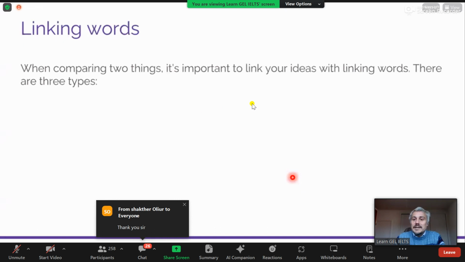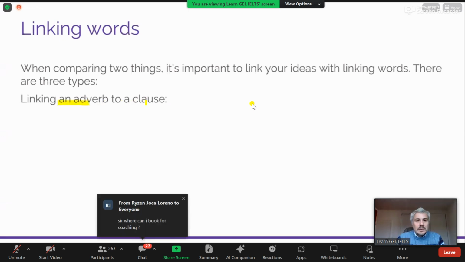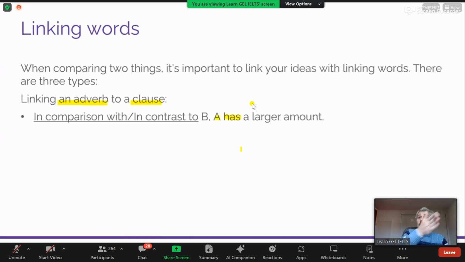Okay, we also need to make comparisons by using linking words in our writing. There are three important types of comparison. We can link adverbs to clauses. Here is an example. A clause is part of a sentence that has a subject and a verb. For example, A is the subject, has is the verb: A has a larger amount.